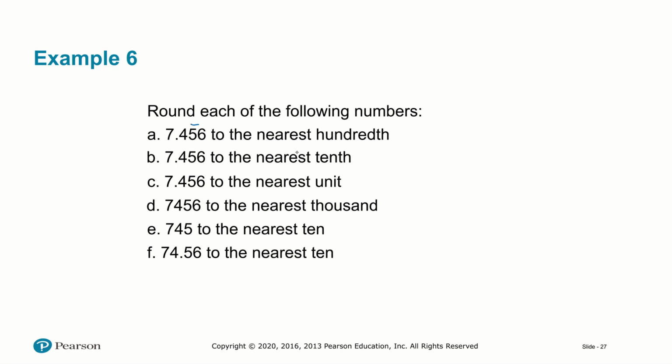So you look to the right, and if that number is 5 or higher, you round up, right? And if it's 4 or lower, you go ahead and round down. So how do we round up? We round up by just adding 1 to that digit and then dropping the rest, right?